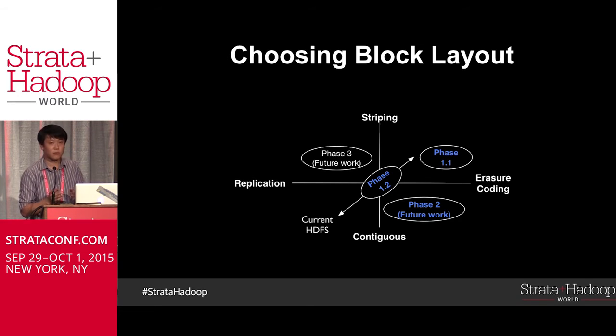And based on that, we want to support the transition between the current HDFS, which is replication on contiguous layout, to erasure coding on striping layout and back. In phase 2 of our work, we do want to support erasure coding on contiguous layout, so it works better with locality-sensitive applications. The striping layout with replication, we haven't decided whether to pursue that direction because currently we don't see a clear need for that combination.